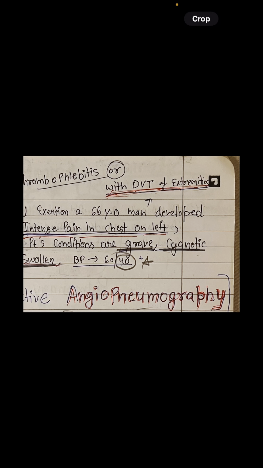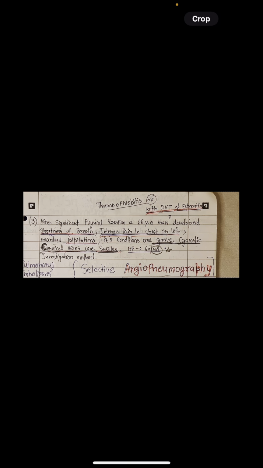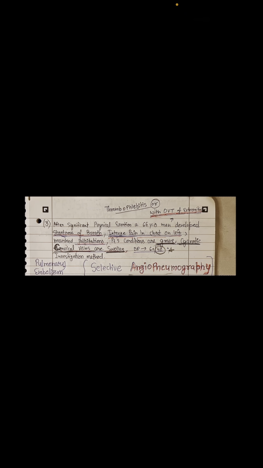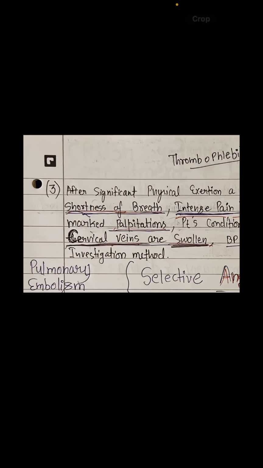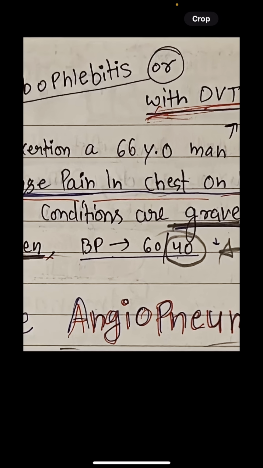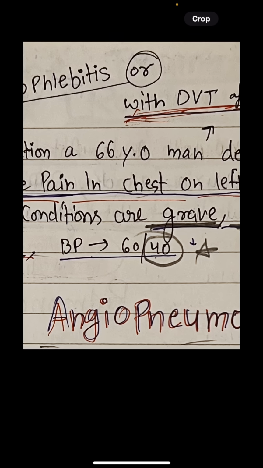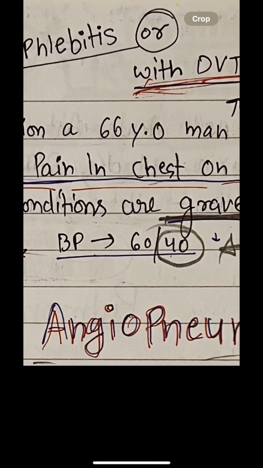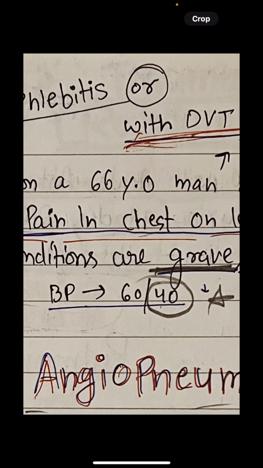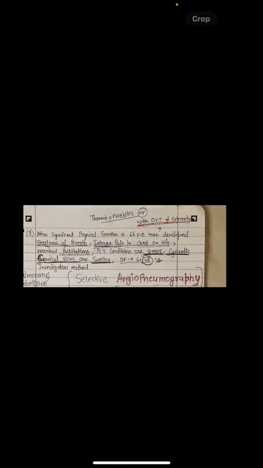The person's condition is grave because some lobe of the lungs is not taking part in respiration. Cyanotic because of less blood supply. Cervical veins are swollen. BP is severely low. Again, we see the same profile: the severity of pulmonary embolism is very high, and the condition of the patient will be very serious most of the time.